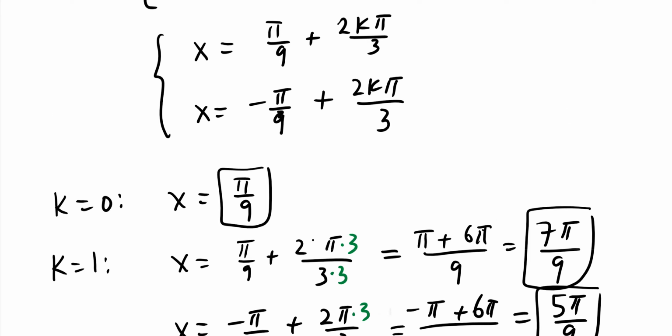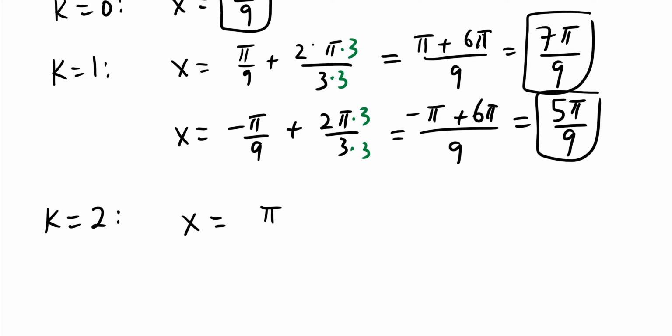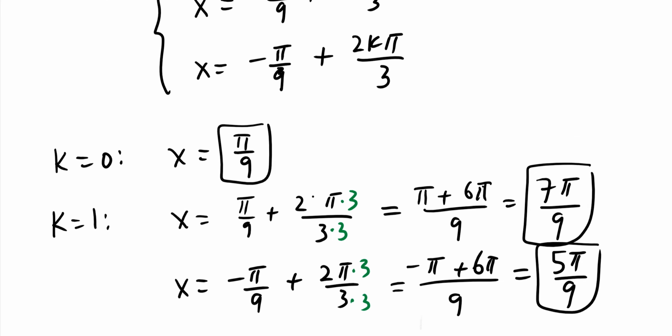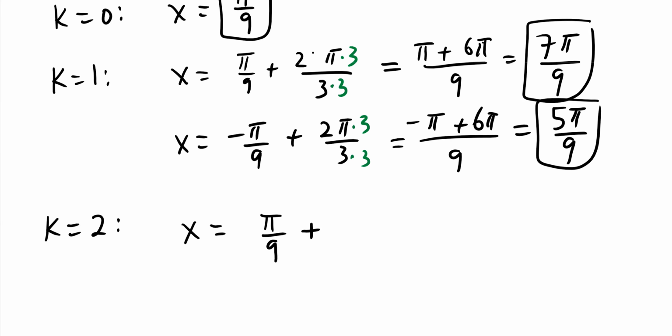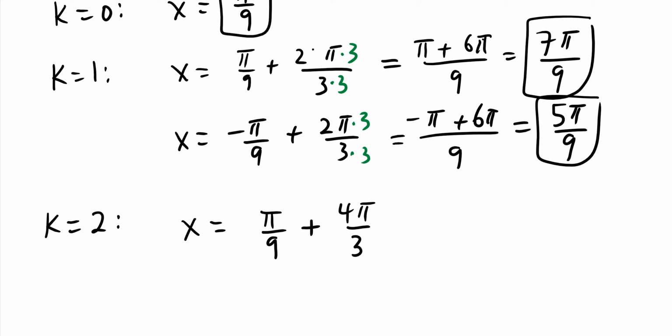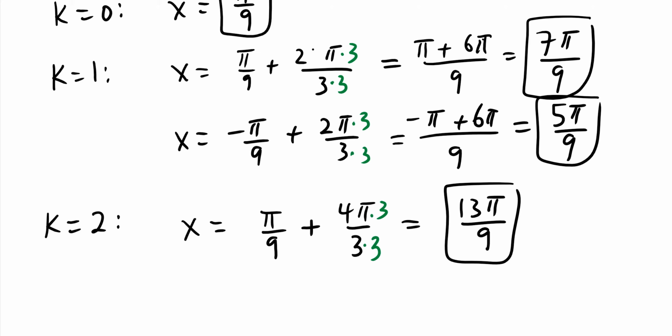x equals pi over 9 plus, substitute the 2 in, 4 pi over 3. So multiply top and bottom by 3 again. What do we get on the top? We get 12 plus 1. That's 13 pi over 9. That's still within 0 to 2 pi.